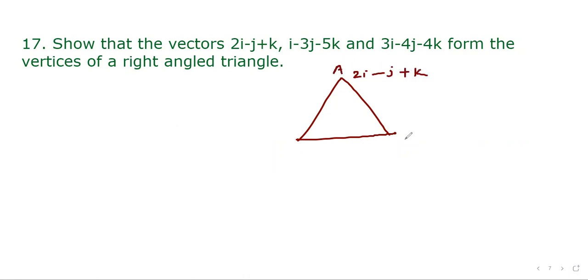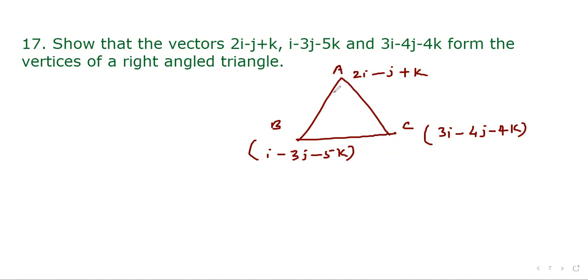Then B is i minus 3j minus 5k, and this is C, 3i minus 4j minus 4k. We have to prove that these are the vertices of a right angle triangle.